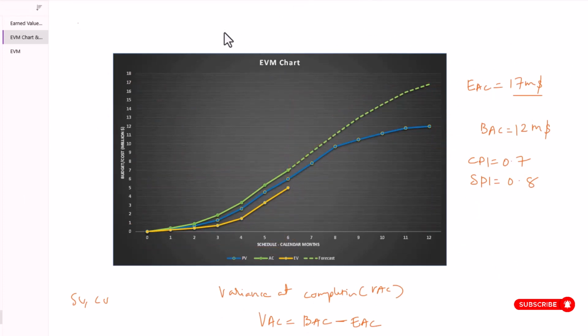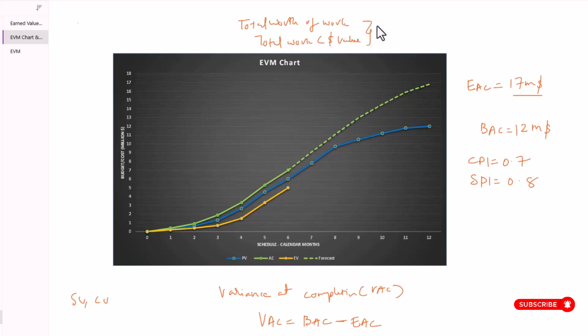If someone asks you how much worth of work you have yet to accomplish, first we need to find the total worth of work we need to accomplish to successfully close this project. So total worth of work, or total work in terms of dollar value, both are the same.